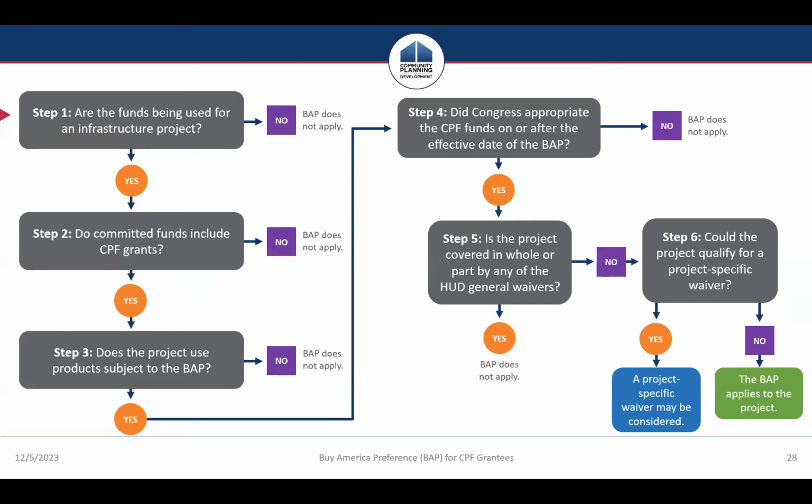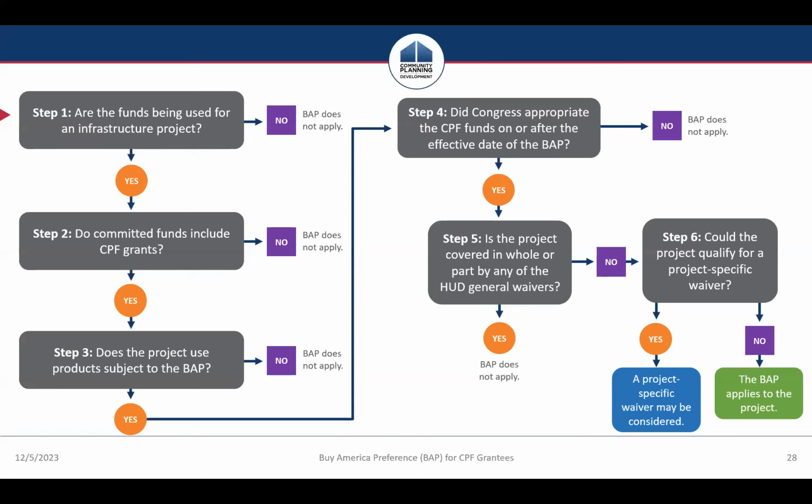Are you using iron and steel? Are you using construction materials? Are you using a manufactured product? 4, did Congress appropriate the CPF funds on or after the effective date of the BAP? Right, the important date right now for iron and steel is February 22nd, 2024.